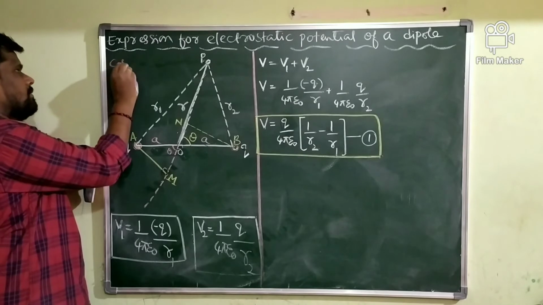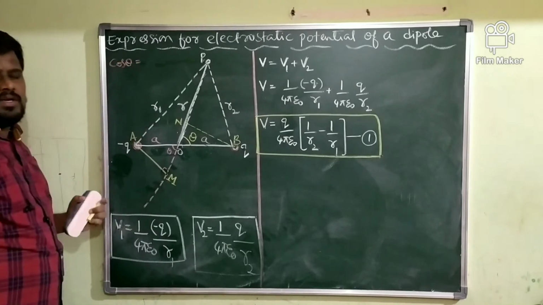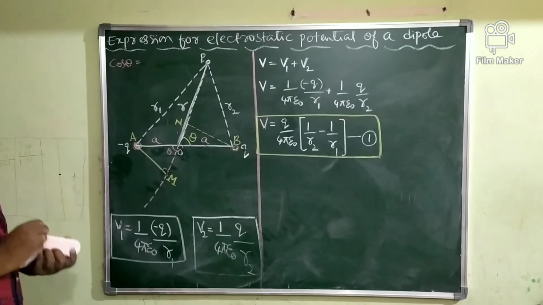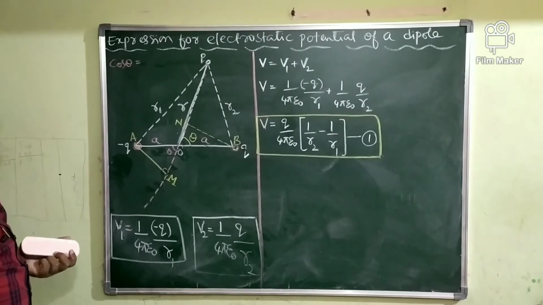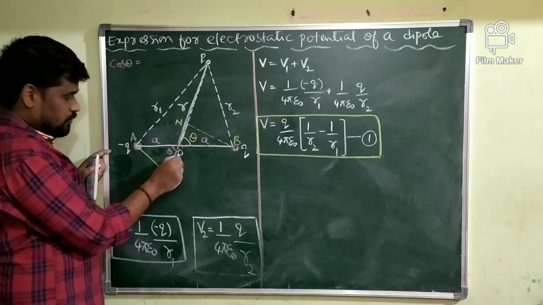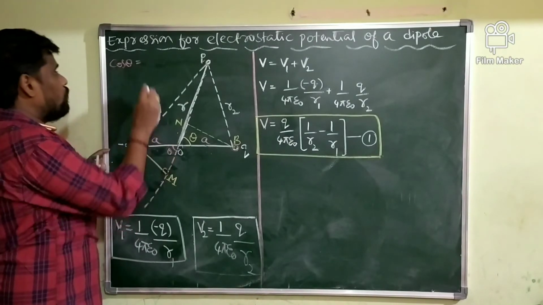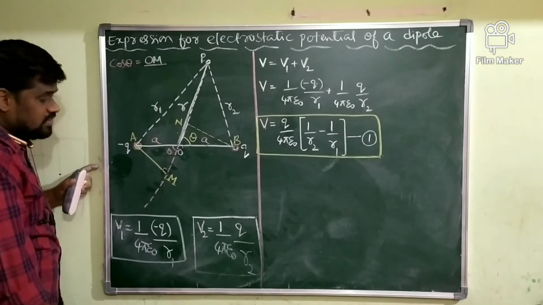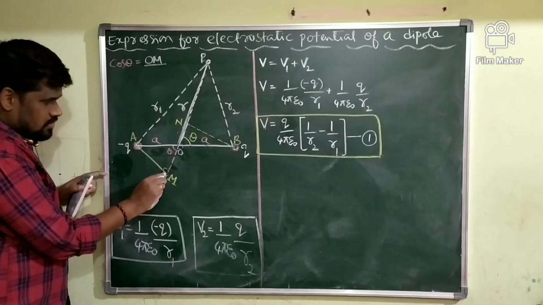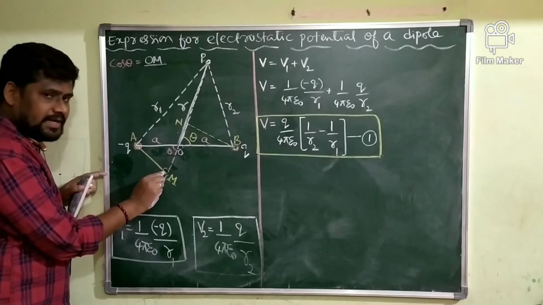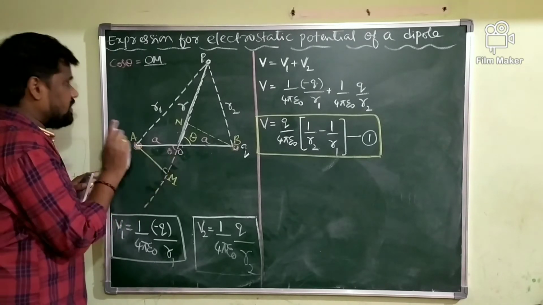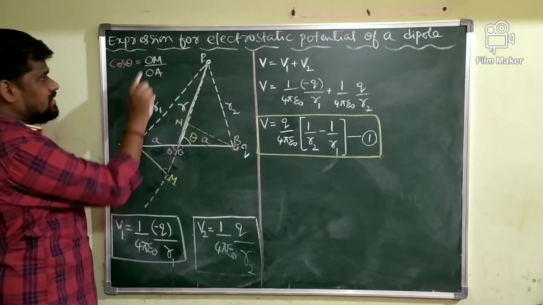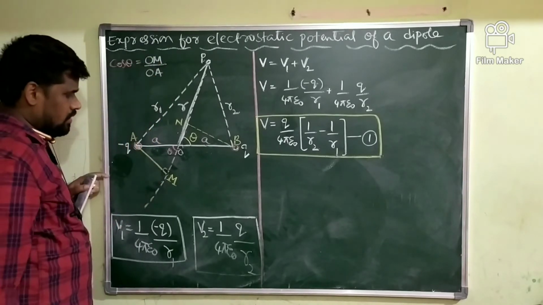Tell me what is cos theta? Cos theta is adjacent side divided by hypotenuse. Which is the adjacent side here? OM is the adjacent side, divided by the hypotenuse, the side opposite to 90 degrees. Which is the hypotenuse here? OA. Cos theta in this triangle is given by OM by OA.